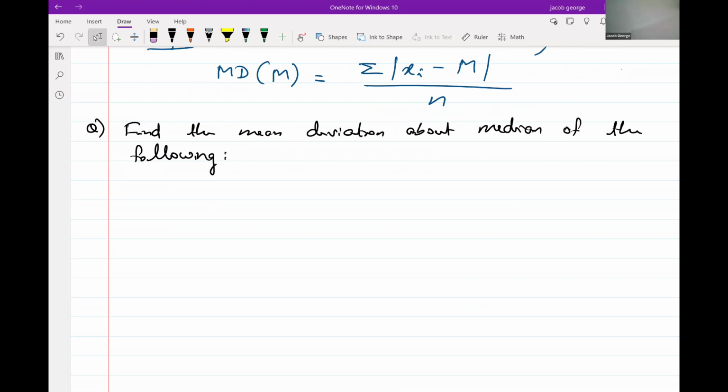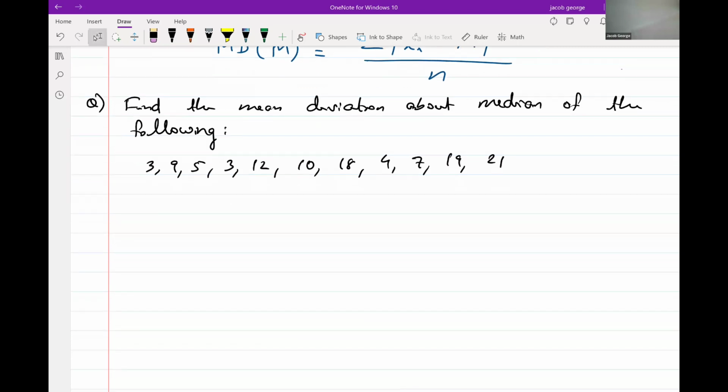And these are the data: 3, 9, 5, 3, 12, 10, 18, 4, 7, 19, 21.